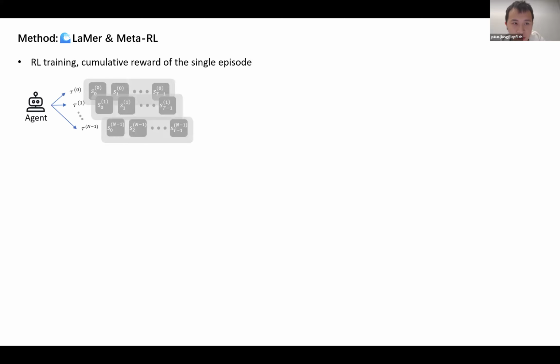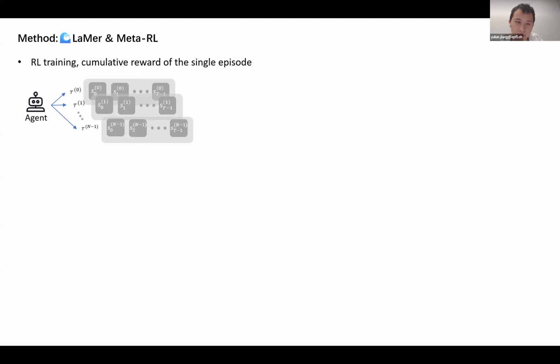So here we come to the method part, and our method is actually very simple. First, if you recall standard RL training, what you usually do is sample multiple trajectories from your current policy, and then after sampling the entire trajectory, you get the rewards.